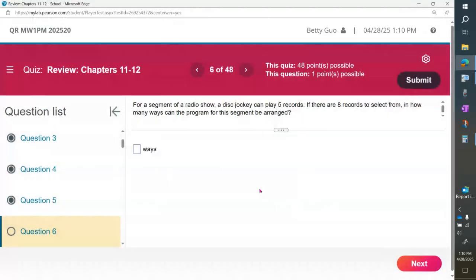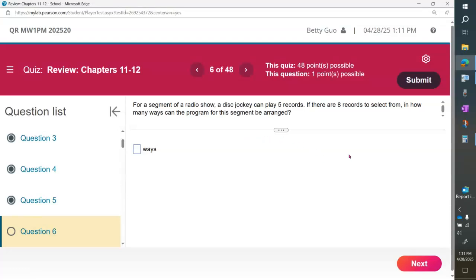Okay. Question number 6. For a segment of a radio show, a disc jockey, or DJ, can play 5 records. If there are 8 records to select from, in how many ways can the program for this segment be arranged?